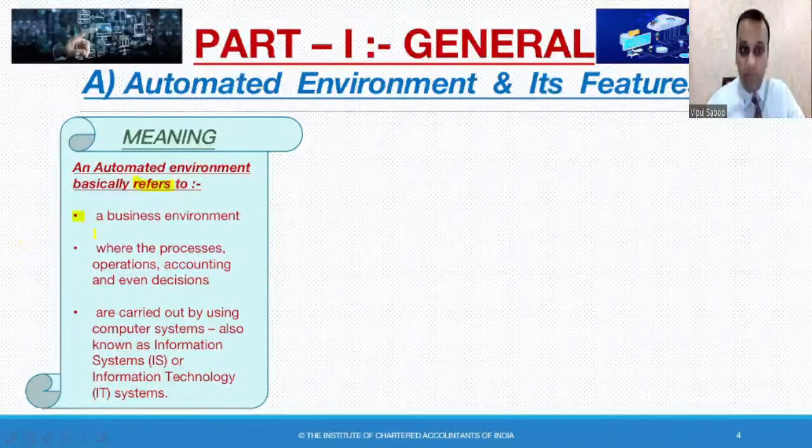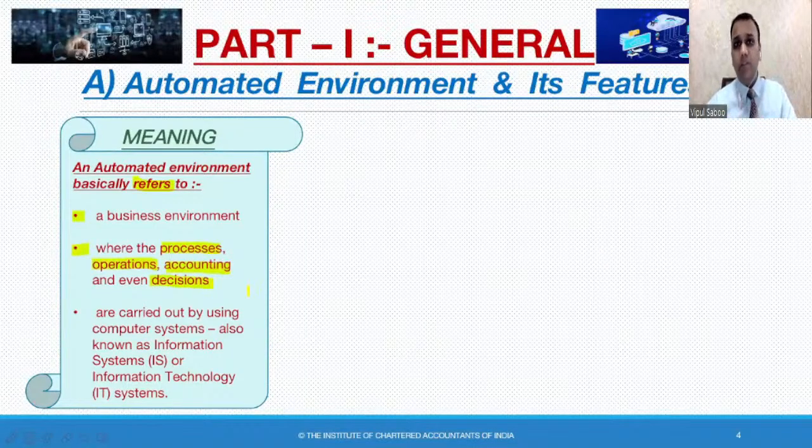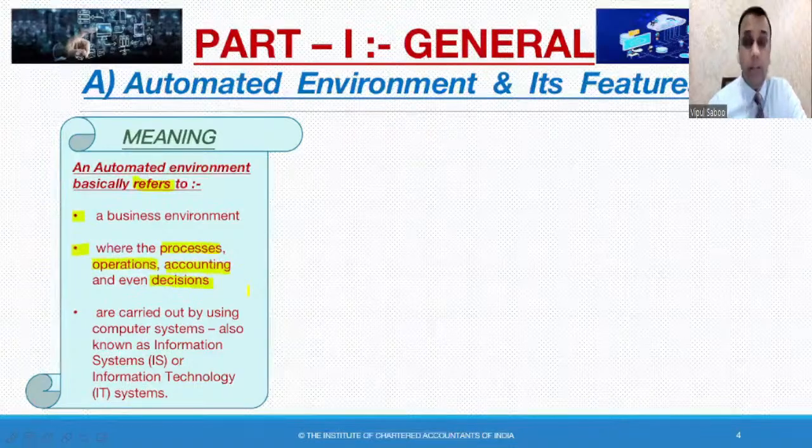So a business environment, obviously, where the processes, operations, accounting, and even decisions. So what could be the processes? Processes in a business environment, generating a particular balance sheet from the software. What could be operation?